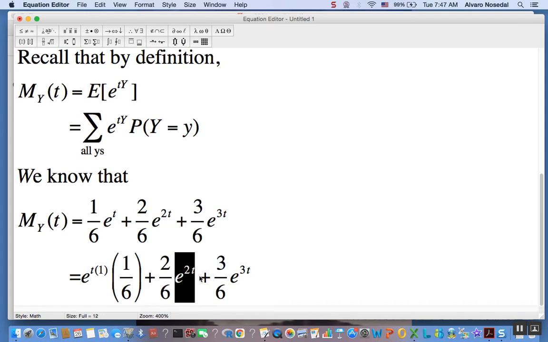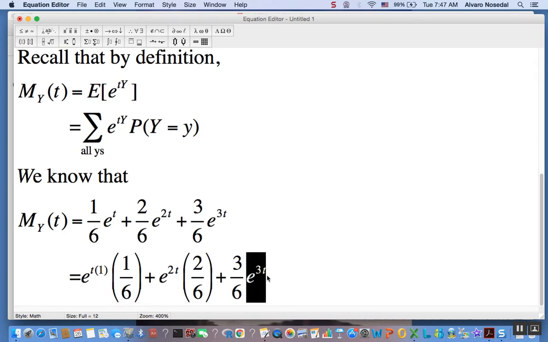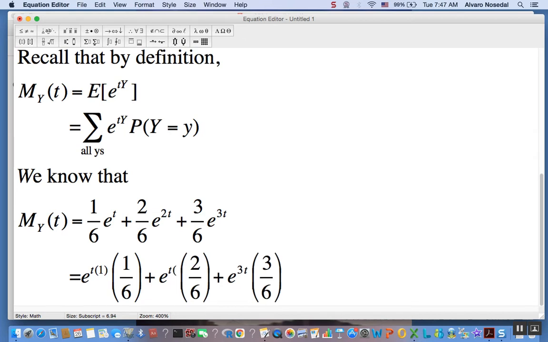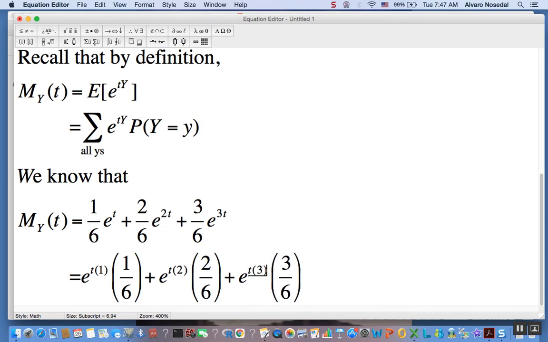Let me place this in front, and do the same with that exponential. This e to the power 2t is the same as t times 2, and this one is the same as t times 3.